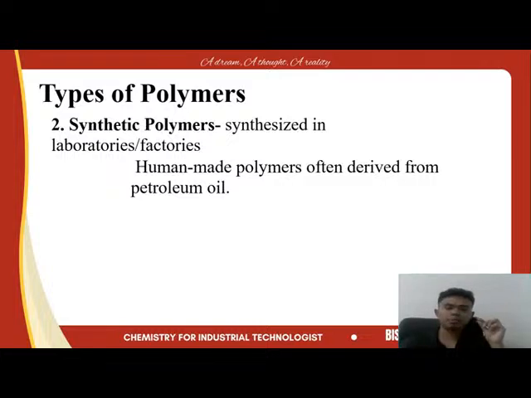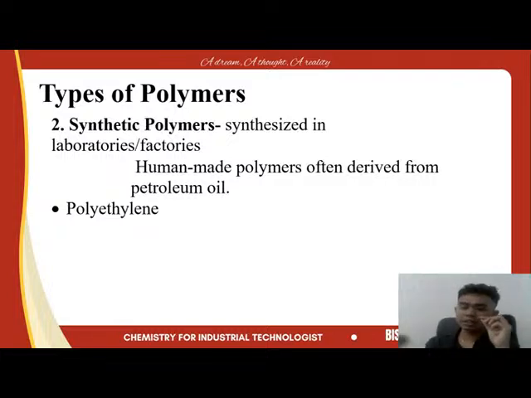Some of the common examples of synthetic polymers are the following. First, we have polyethylene. Later on, we are going to talk more about these examples because we commonly use these things.